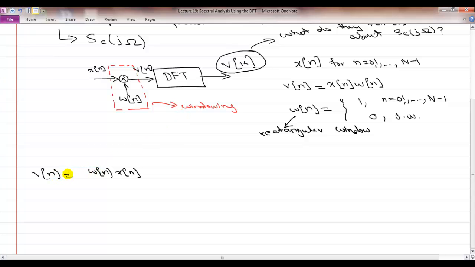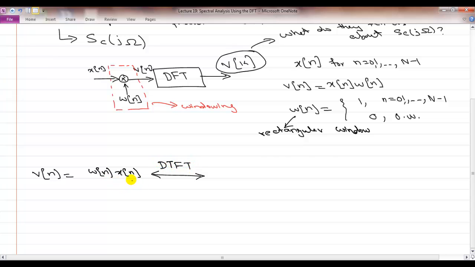Okay, so the DFT coefficients of V of n are, of course, the samples of the DTFT of V of n. So let's ask ourselves then, what is the effect of windowing on the DTFT of X of n? So what is the DTFT of V of n?